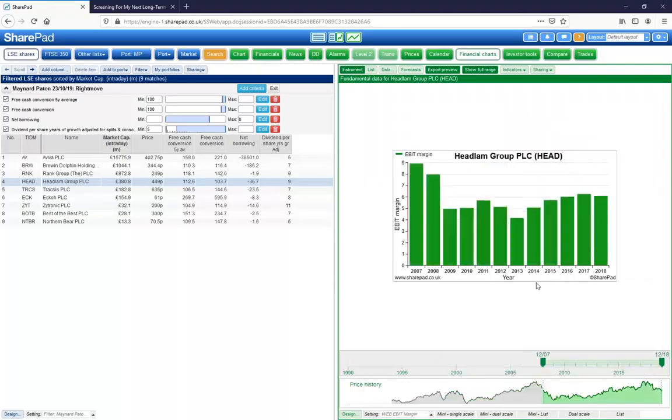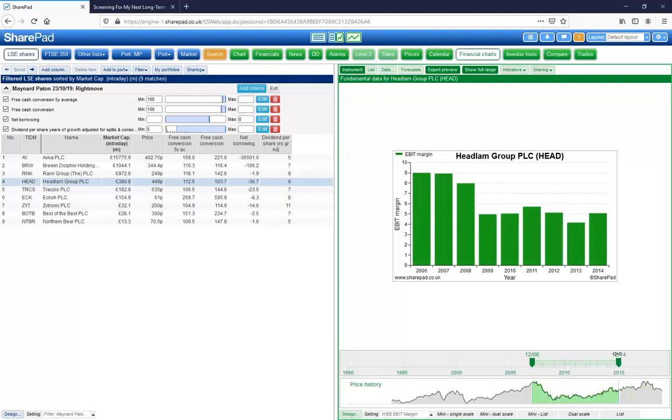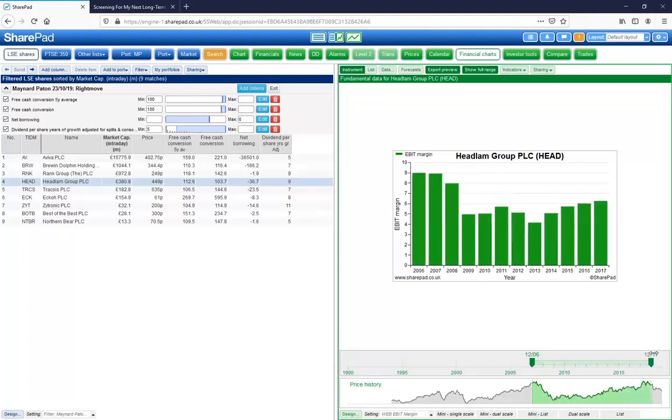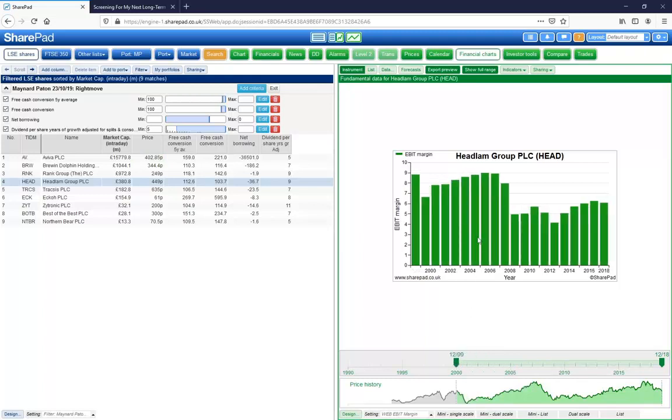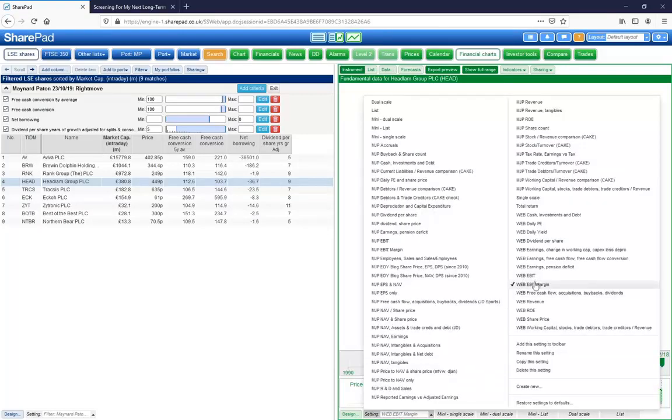So let's check the margin. So the margin was 6%. There we go. So the margin's come down as well. So that used to be 9 and now it's 6. So something's happened in 2008, 2009 where the margin has come down and not recovered.